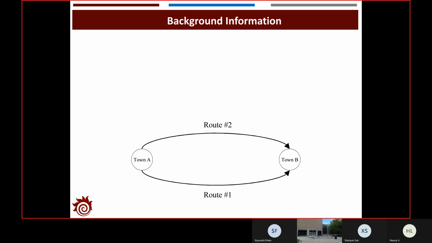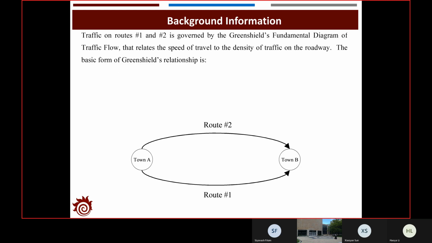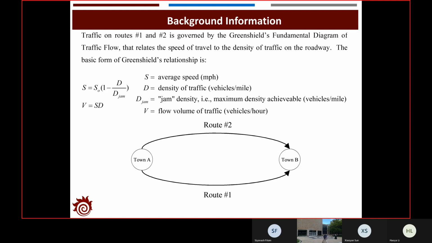We know the distance is 5 miles. The traffic for both routes will be governed by the Greenshields diagram. We have all gone through this process about the calculation of the travel time with respect to the flow rate. And this is the Greenshields diagram. We have the pictures for each one of them.